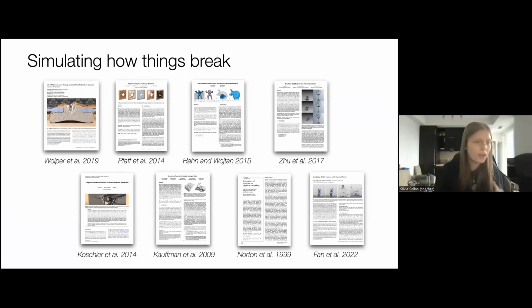And there are a lot of methods that might be more familiar to you as mechanical engineers, for example, that basically model the different forces inside the shape in some way and take very, very tiny steps in time to figure out how a crack propagates and figure out all the forces, basically doing all the force modeling of an object.